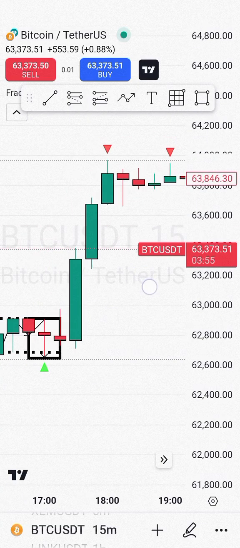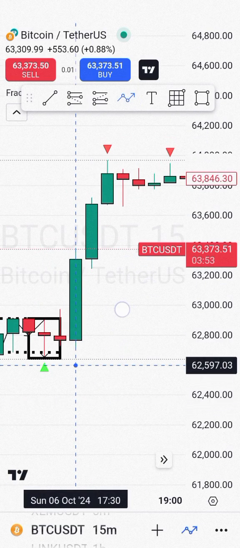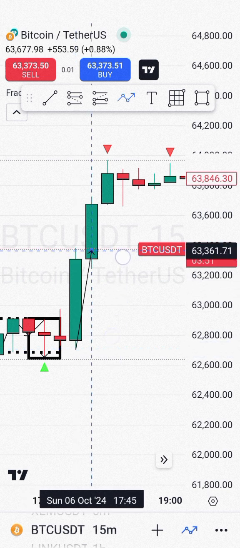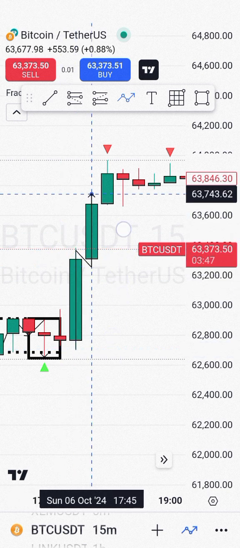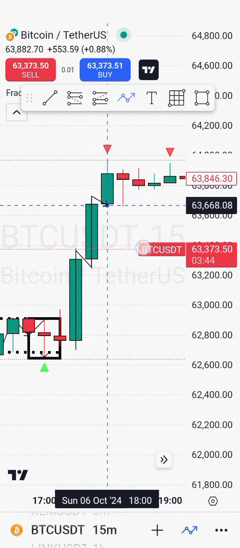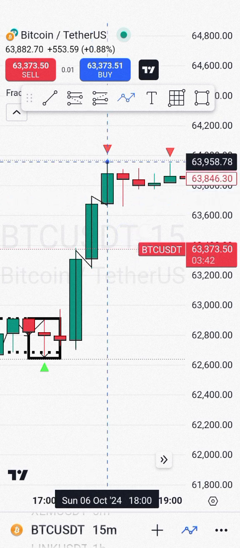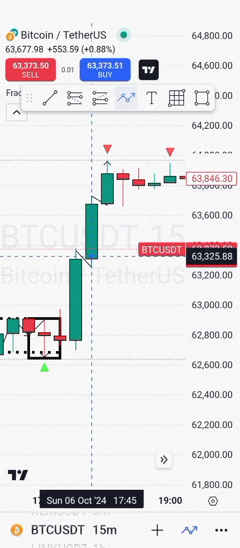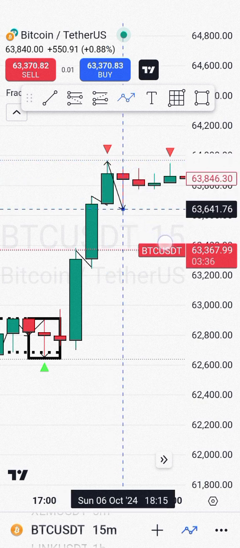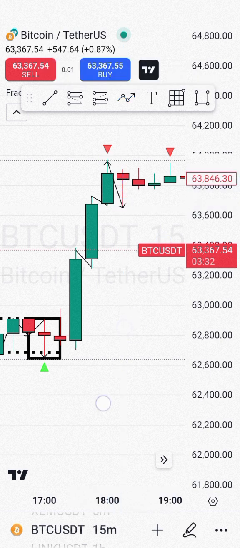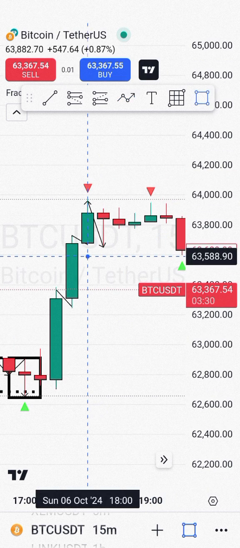Okay, so we have another example right here. We have this impulsive move. The high keeps breaking until we have this candle that broke the low of the highest candle.